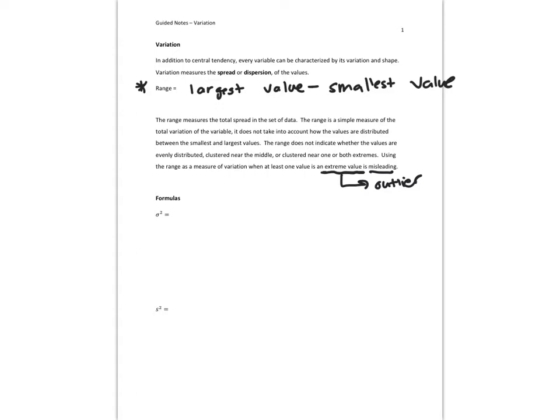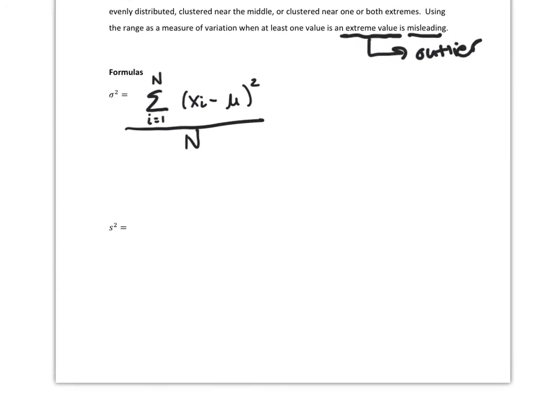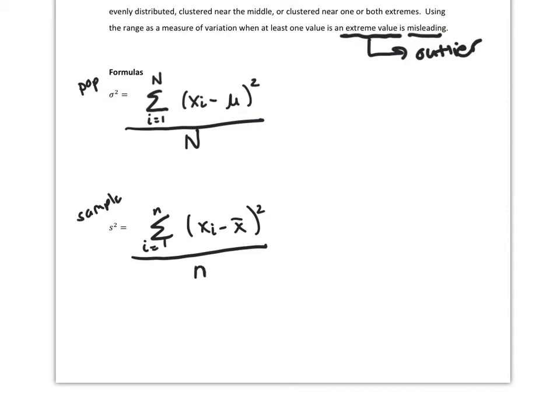So the formula for population variance is the summation from i equal 1 to capital N, x sub i minus the mean squared, divided by capital N. The variance for a sample will be the summation i equal 1 to lowercase n, x sub i minus x bar squared, divided by lowercase n minus 1.